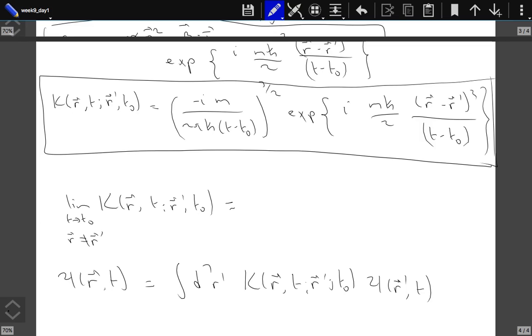But these very nearby points are oscillating very fast, so one will contribute to this integral with a plus sign, let's say, the other one will contribute with a minus sign. So I won't get any contribution because of that infinitely fast oscillating term. So effectively, as t goes to t0 and r is different than r prime, my K is basically 0, in the sense that it will not contribute to any such integral.